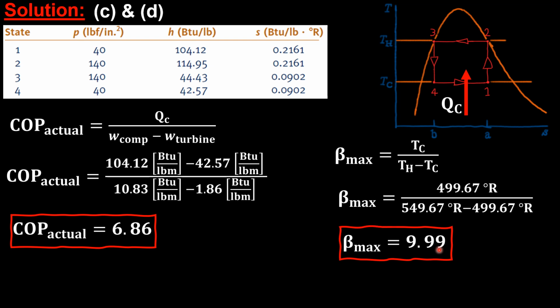So the difference here between the theoretical with thermal reservoirs 40 degree Fahrenheit and 90 degree Fahrenheit, the maximum efficiency ratio, or COP, coefficient of performance, is 9.98.